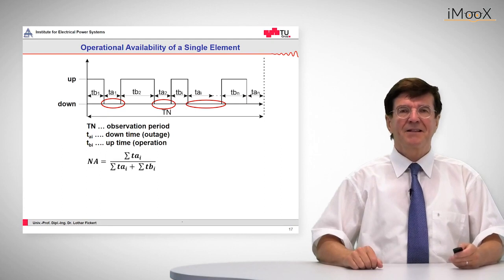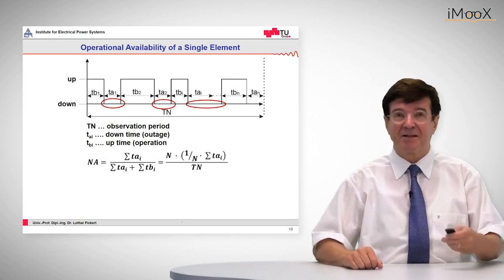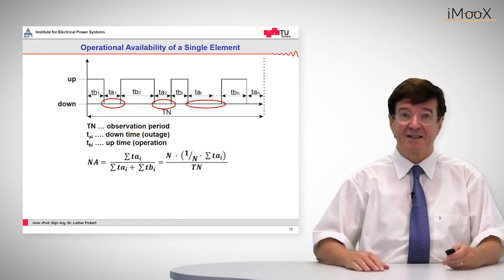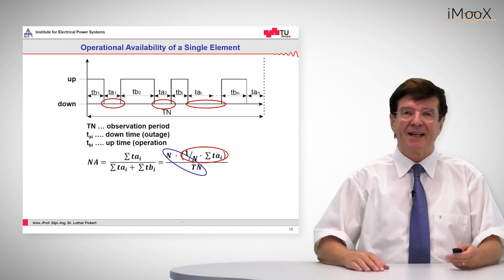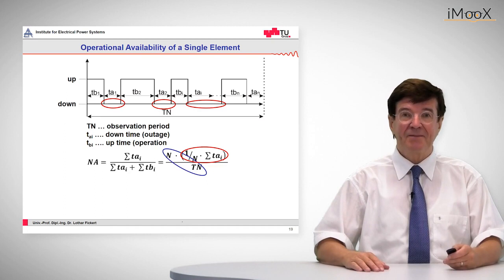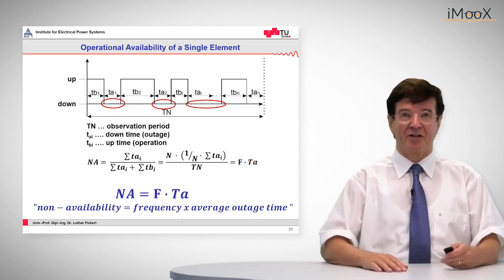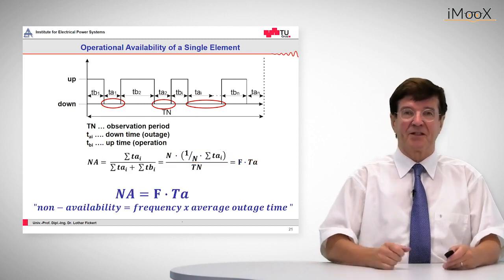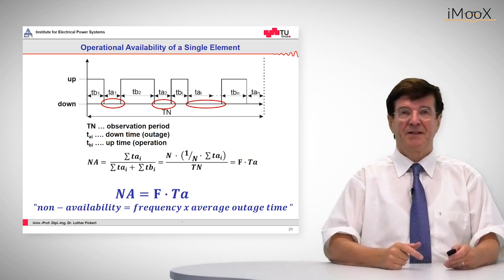By a little mathematical trick, dividing and multiplying by the same quantity n, we can rearrange: n divided by the total observation time is the frequency, and that is multiplied with the average outage time. So we come finally to the law of non-availability. Non-availability is the product of frequency and average outage time.